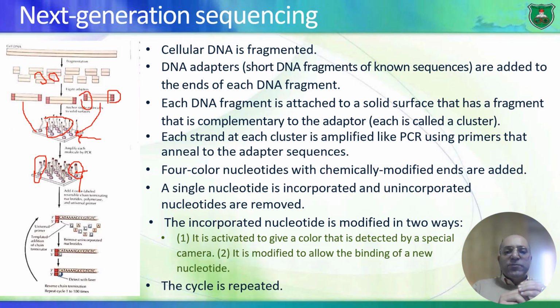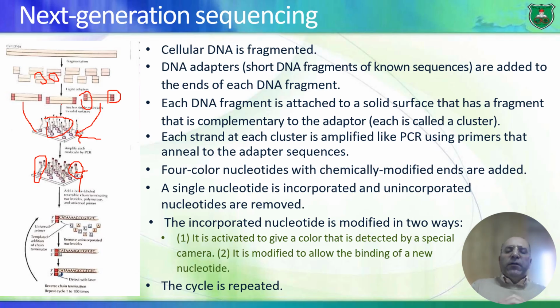And then it gets modified so that the DNA polymerase adds the third nucleotide, and so on. So every time the DNA polymerase adds a nucleotide, the nucleotide gives a signal, and then it's modified, and the following nucleotide is added.